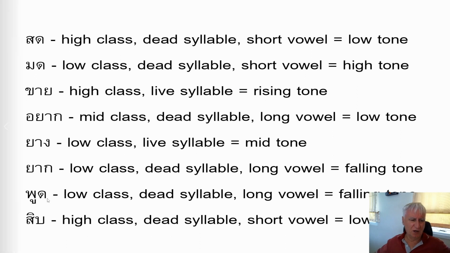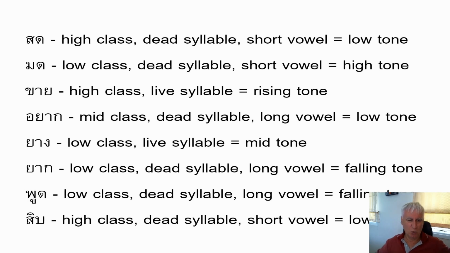This is the Thai word to speak or to talk. It has a falling tone. Pood. So it's got the por pla initial consonant, which is low class. It ends with dor dek, which makes a T sound, which you can't continue voicing. So that's a dead syllable.